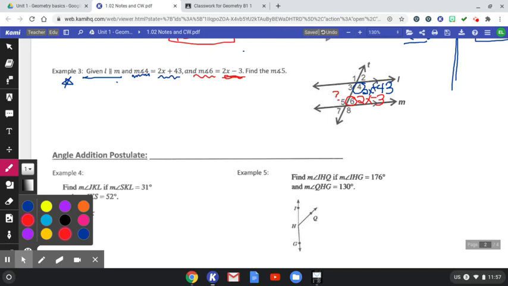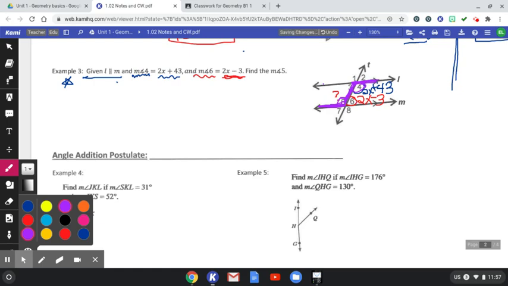Well, angles 4 and 6 are same side interior. But also, if we follow that Z, this magic Z is going to help us out here. We have that 4 and 5 are alternate interior angles, to the left of the transversal, still inside our parallel lines.